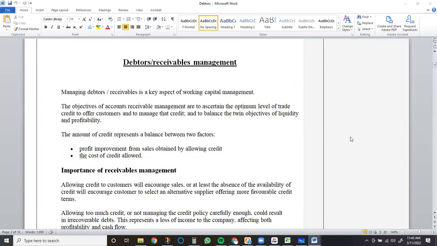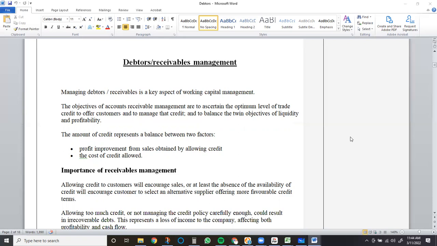Managing debtors, of course, debtors receivable, same thing, is a key aspect of working capital management. The objectives of accounts receivable management are to ascertain the optimum level of trade credit to offer customers and to manage that credit, and to balance the twin objectives of liquidity and profitability.